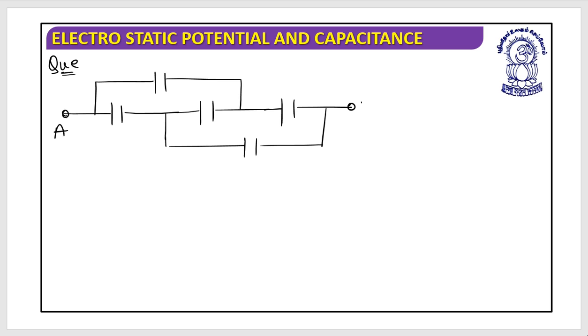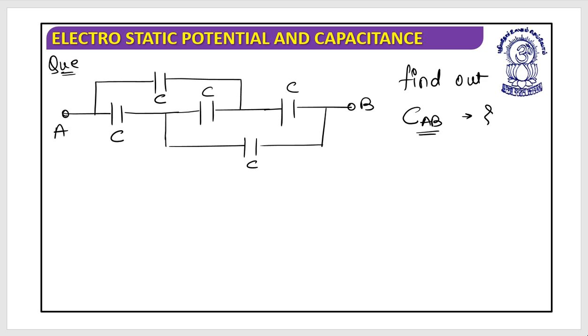This is A, this is B, these all are C. They say find out C_AB. I hope you understand this. It's the equivalent capacitance between A and B.